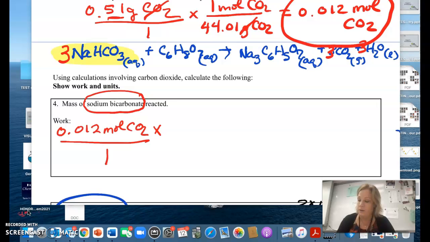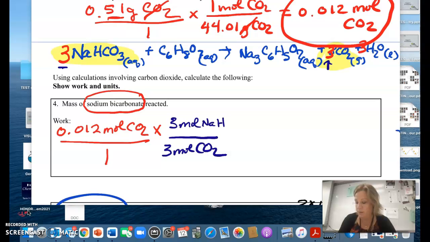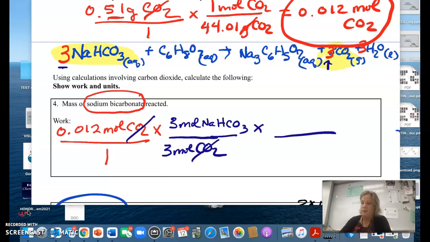I'm going to do a mole-mole ratio using the carbon dioxide moles, which we can see as coefficients. There are 3 moles of CO2 for every 3 moles of sodium bicarbonate. Then I'm going to convert to grams by taking the molar mass.